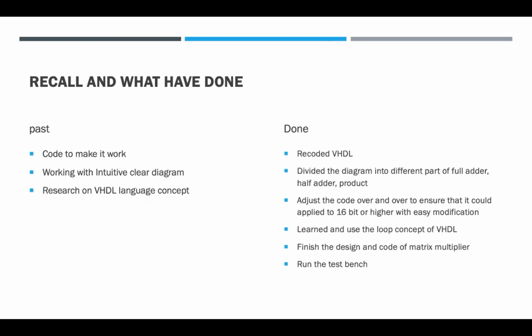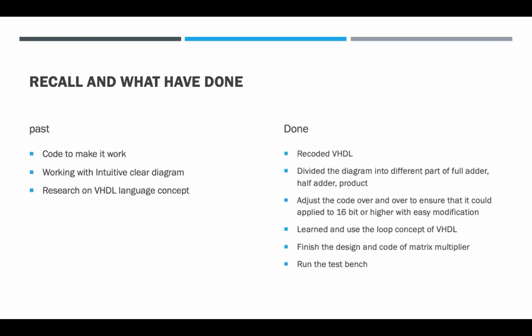multiplier and the matrix, and I divided the diagram into different parts of the full adder, half adder, and the product, so it can help me to record the coding. Then I adjusted the code over and over to ensure that it could apply to 16 bits or higher with easy modification.